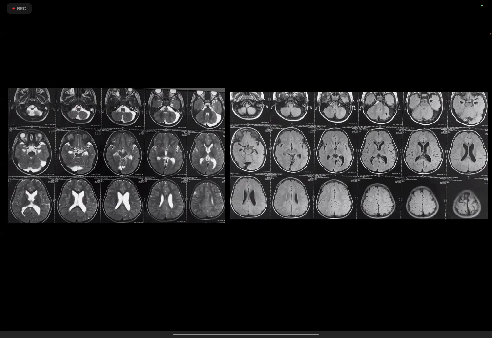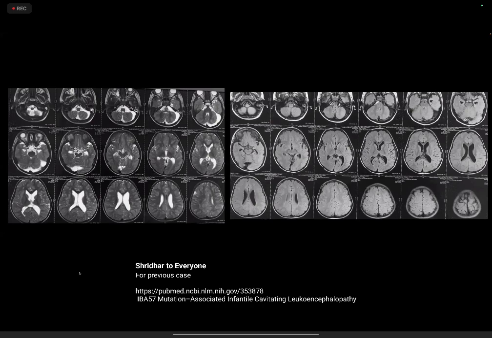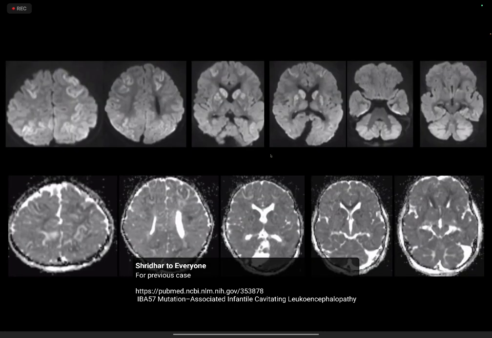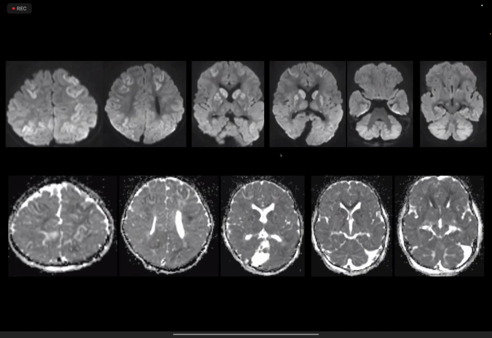On the FLAIR sequences, I'm not sure if there are some edematous changes, but it appears slightly bright, especially on the left hemisphere, the top panel on the right side. And then on diffusion and ADC sequences, we have areas of restricted diffusion in the cortical regions and the bilateral hemispheres.